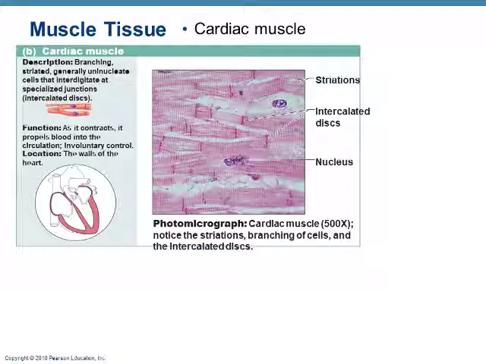Muscle tissue. Three types of muscle tissues. You know the locations, I have talked about that already. Now, skeletal muscle tissue. If you look under the microscope, the fibers are cylindrical, like cylinders in your chemistry lab.